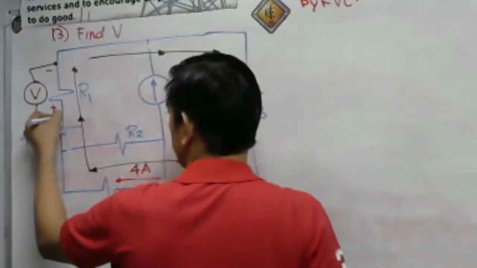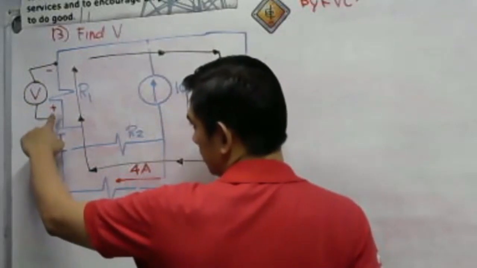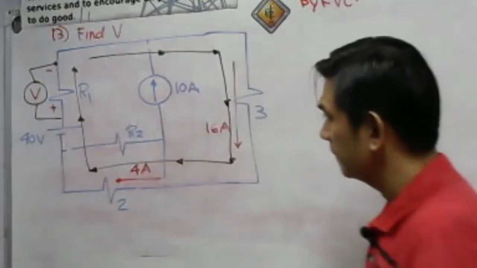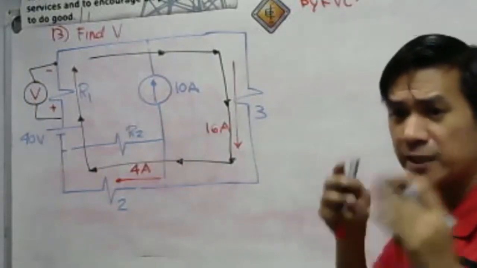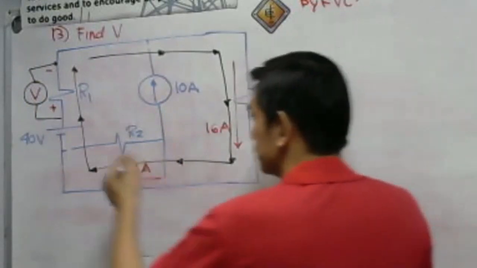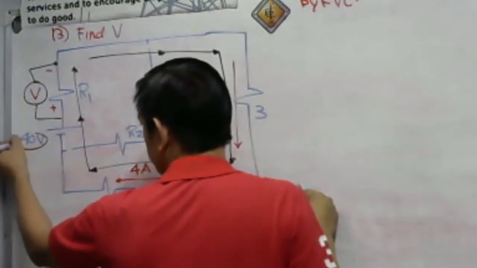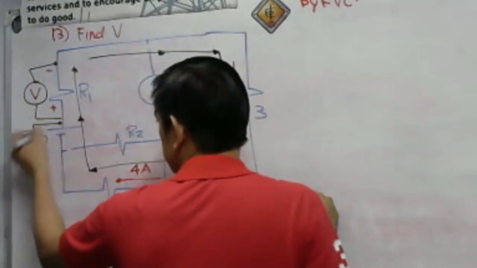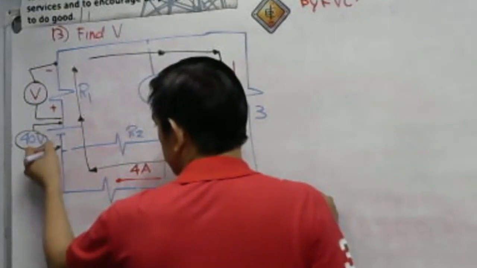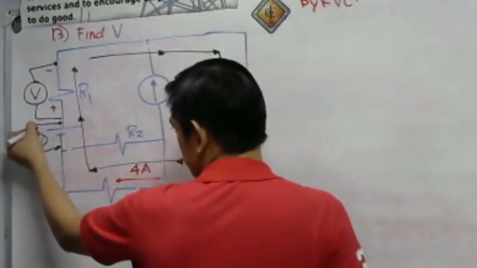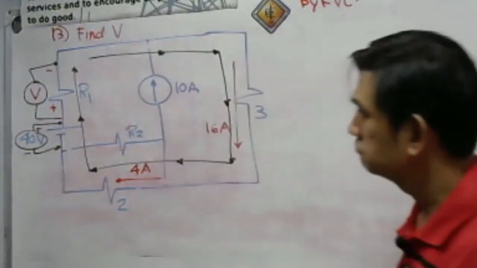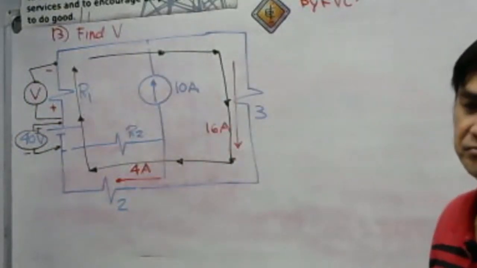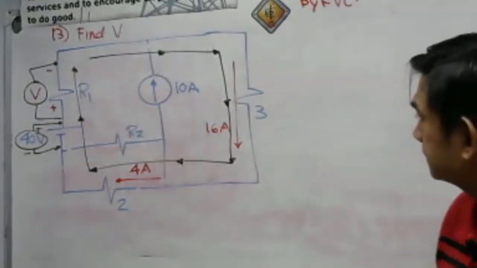Actually, this 40 volt source we can also consider as the measured value in the voltmeter, just like this one. This positive is this positive terminal, and the negative is the negative terminal. They're just the same.